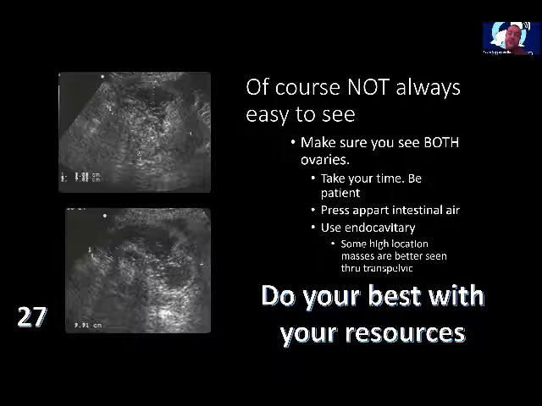And remember, some masses are in high locations and better seen through transpelvic approaches than with endocavitary probes. You have to be real and know how to best use your own resources. Not everybody has a state-of-the-art machine, but you don't need that in order to be of service.